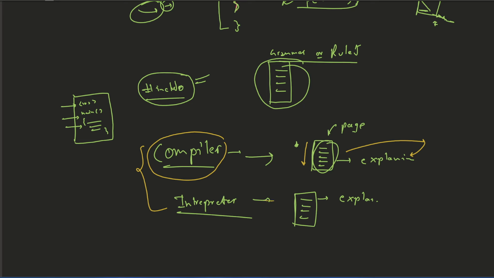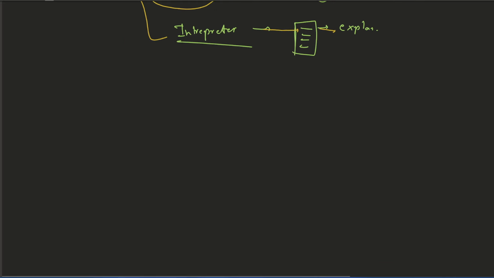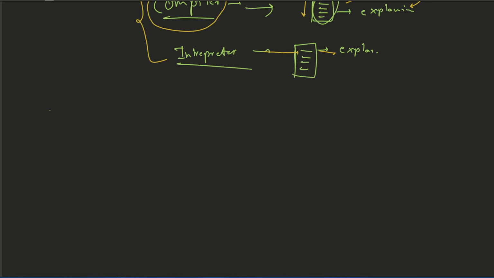The interpreter, on the other hand, just reads the first line and then explains. Simple. You can think of an interpreter as an interpreter between two world leaders, say Modi and Macron, sitting there translating. This is what a compiler also does, but it goes through everything all together.